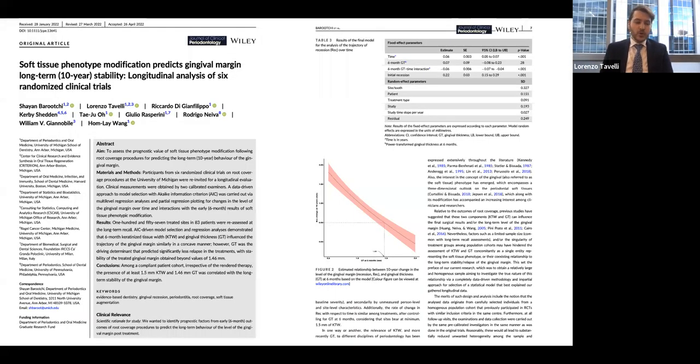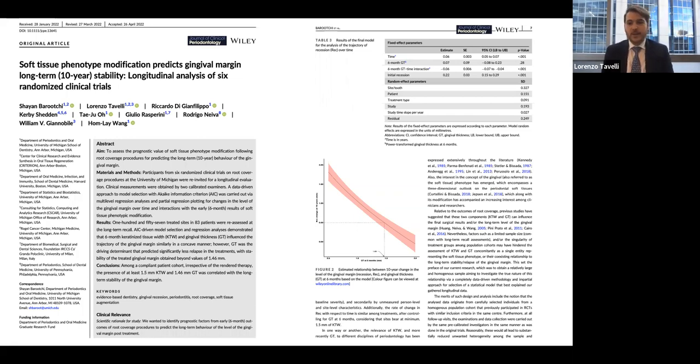So I want to use this concept that has been validated around teeth in natural dentition. We recently published in the Journal of Clinical Periodontology this article that I had the pleasure to work on with a lot of friends, mentors, and colleagues.